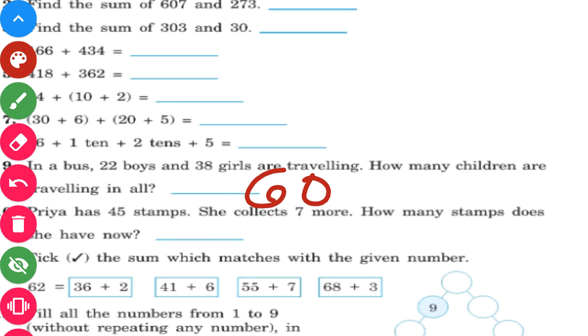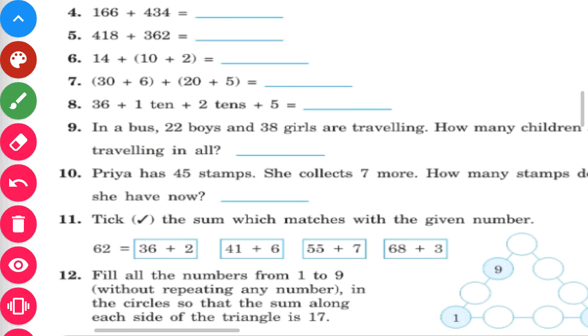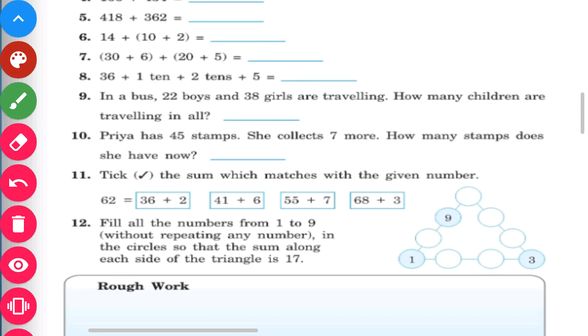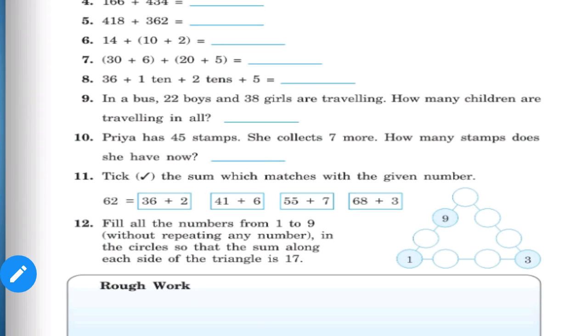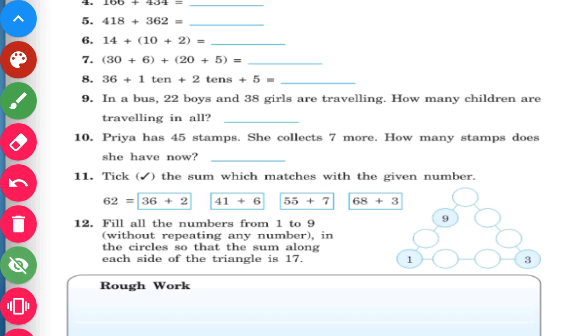Now let us do next question. Question number 10. Read the question. Priya has 45 stamps. She collects 7 more.